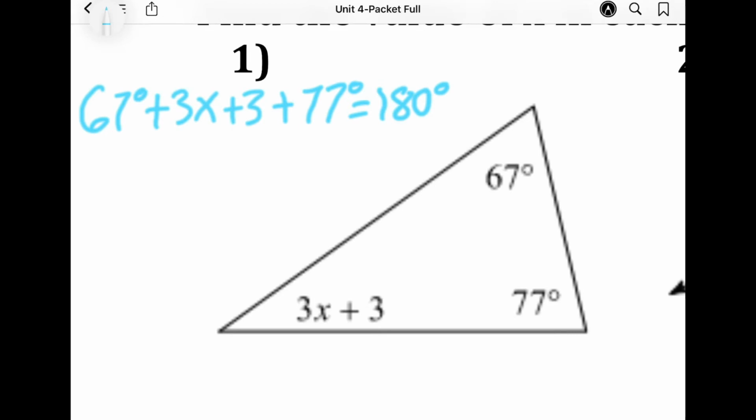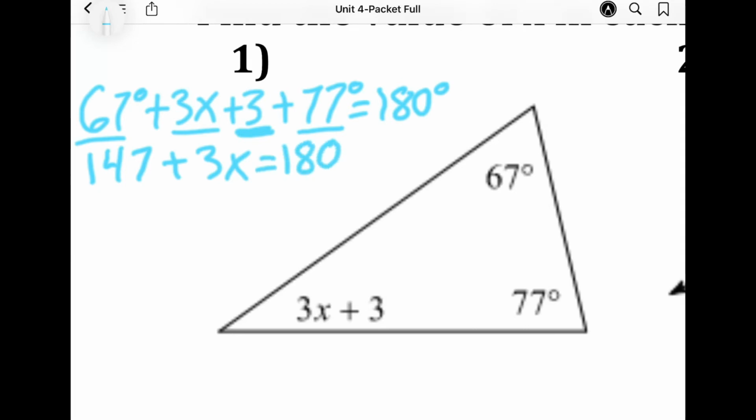So we're going to combine like terms. Even though 3 does not have a degree sign, it is a like term to 77 degrees and 67 degrees because it's just a number. There's no variable attached to it. So we add those together and we get 147. And then we have that lonely 3x because there were no like terms with the 3x.